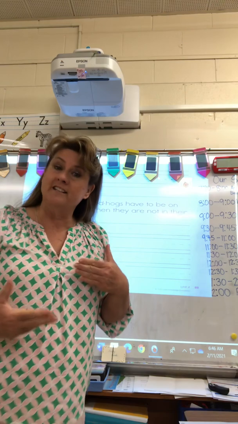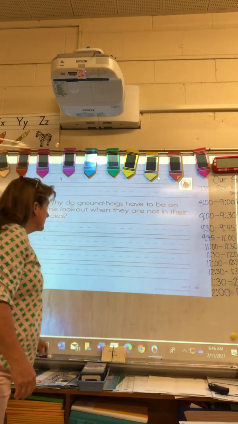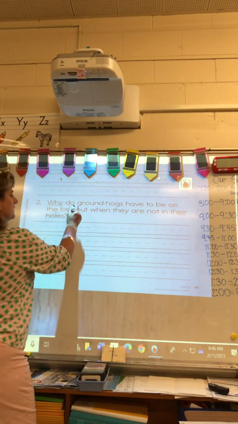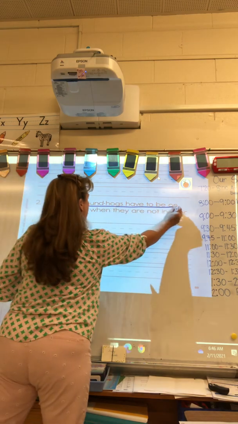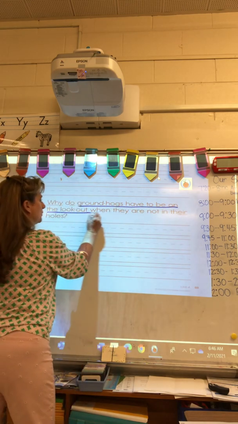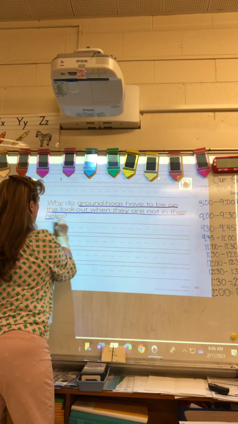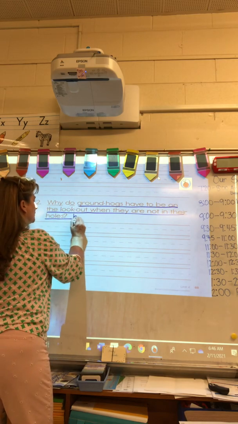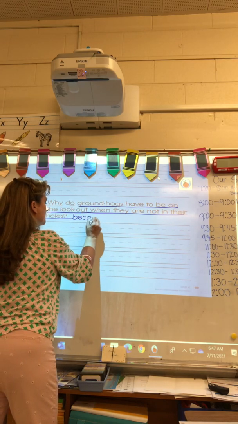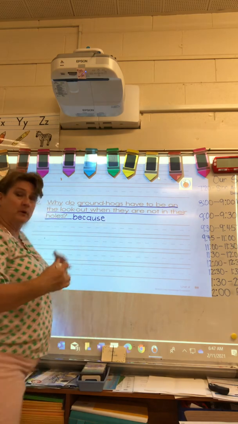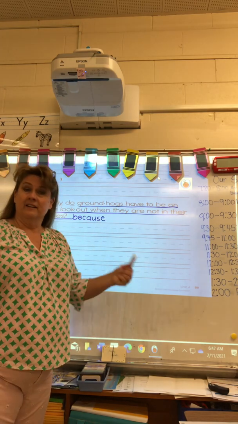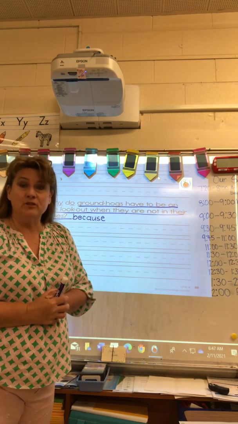We have to restate the question. And we would use this part of the question. Groundhogs have to be on the lookout when they are not in their holes because, and then we would tell, because snakes and bobcats like to eat them.